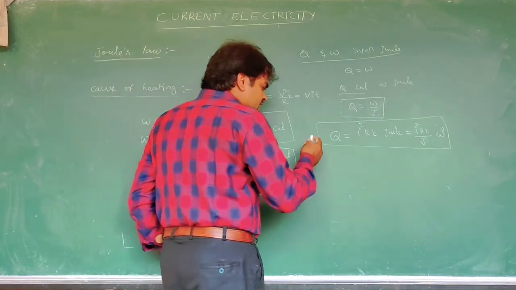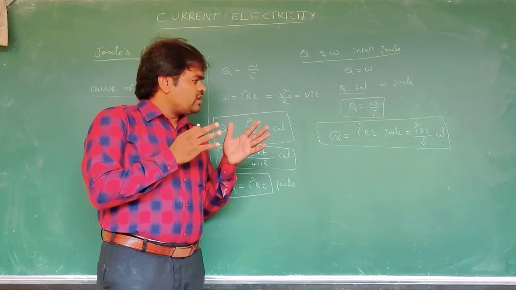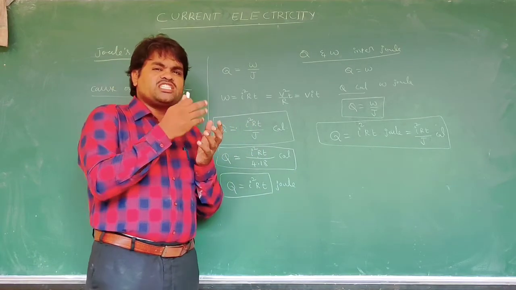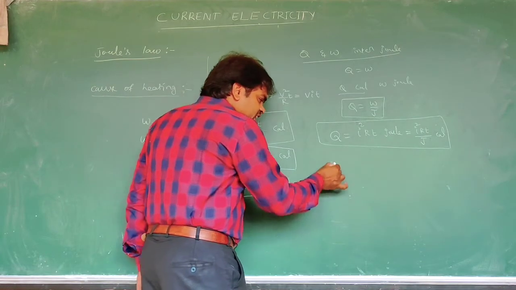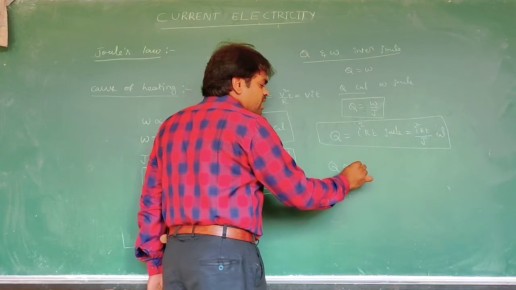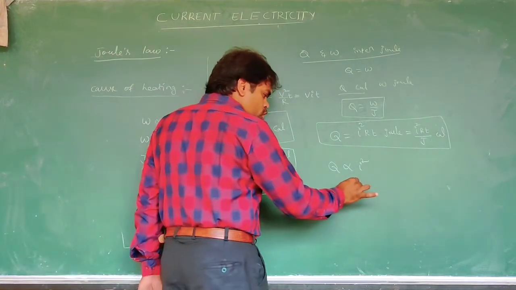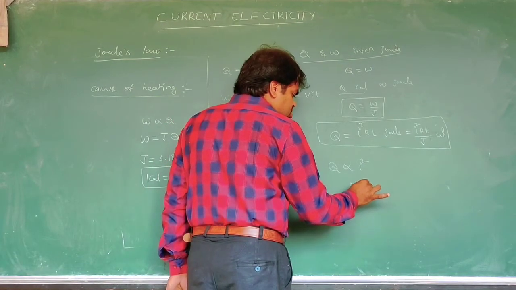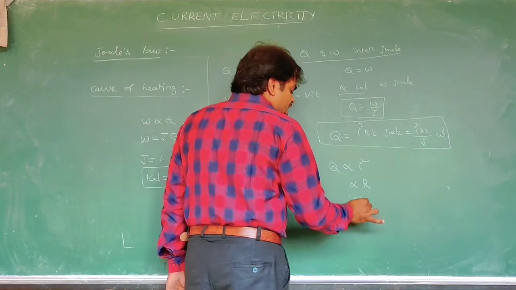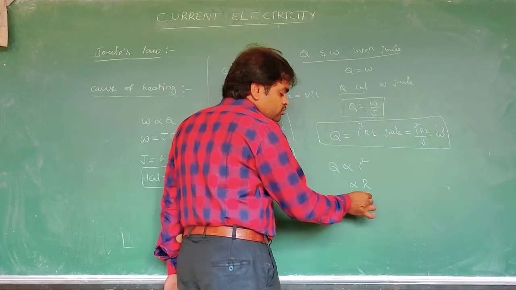That means Joule's law states that when current flows through a conductor, the heat produced is directly proportional to the square of the current through the conductor, proportional to the resistance of the conductor, and proportional to the time for which the current flows.